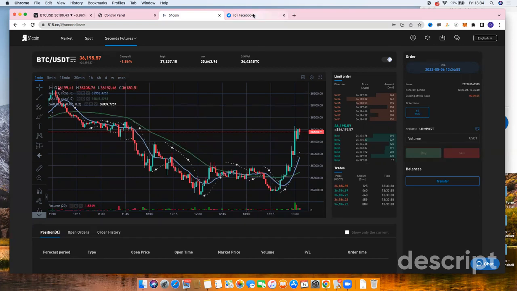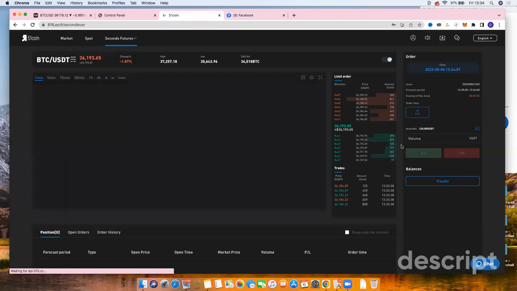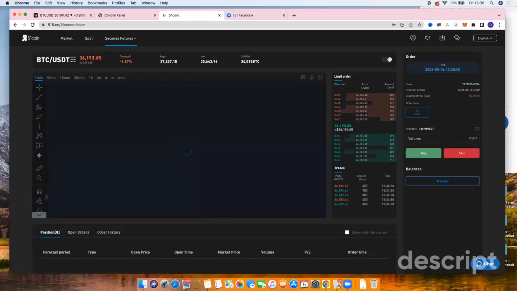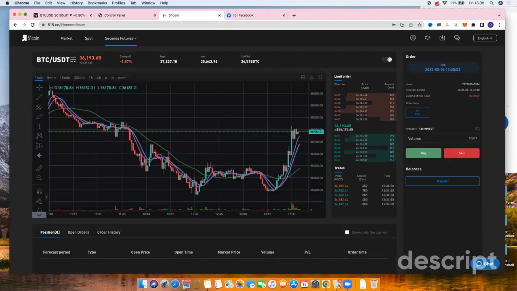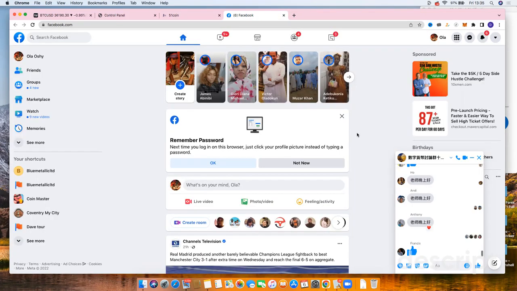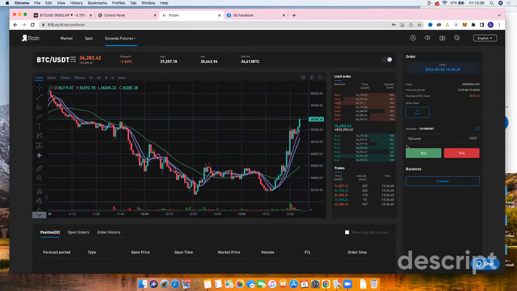I'm going to take some trade. I've got 120 USDT in my account. So what I'm going to do is I will try to risk some percentage of the account today. So let's say about 5%, so about 5 USDT, thereabout.